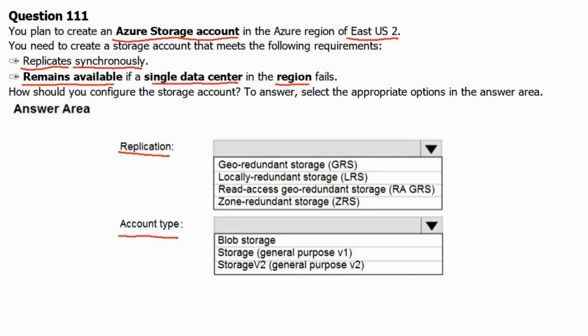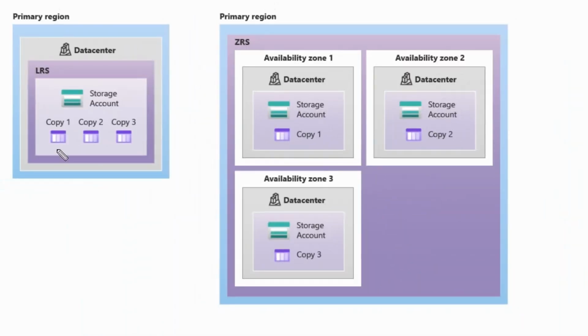Let's go to the diagram to visualize replications available in Azure storage. In this diagram, we are going to compare LRS, locally redundant storage, and ZRS, zone redundant storage. In LRS redundancy option, the copies of data are replicated synchronously, so that meets our first requirement in the question.